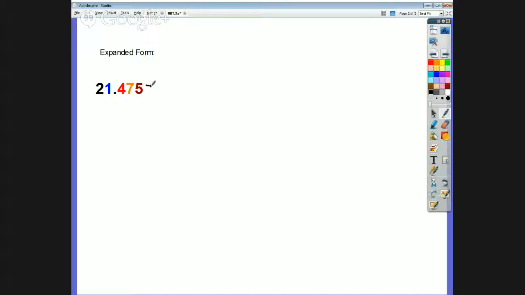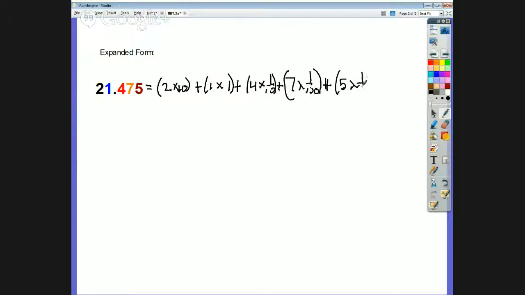We'll say that it's 21, which is 2 times 10, plus the 1 times 1, because it's in the ones place, plus the 4 times 1/10, plus the 7 times 1/100 in parentheses, and then plus the 5 times 1/1000.